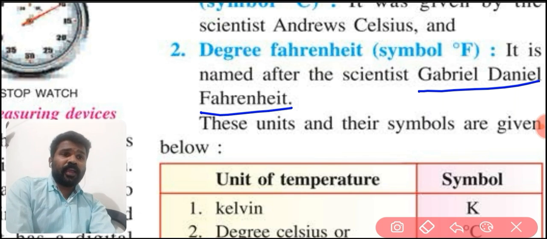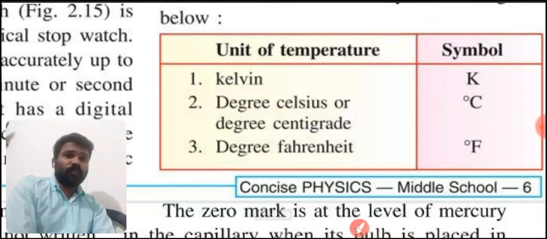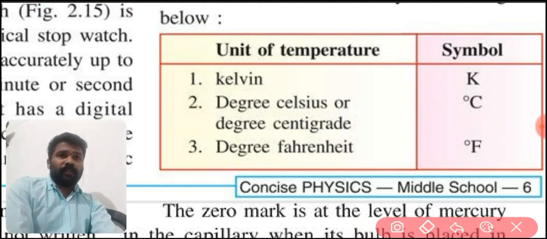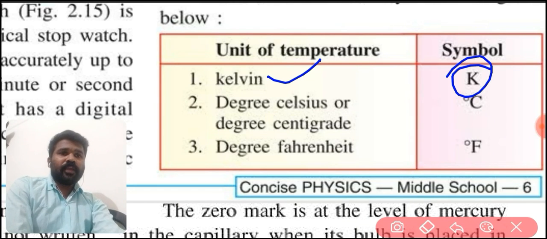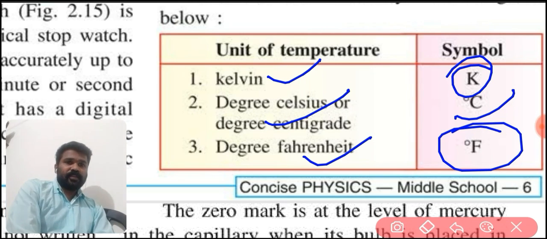These units and their symbols are given below in the table. Kelvin, the unit of temperature, has the symbol K. Degree Celsius or degree centigrade. Degree Fahrenheit, the symbol is degree F.